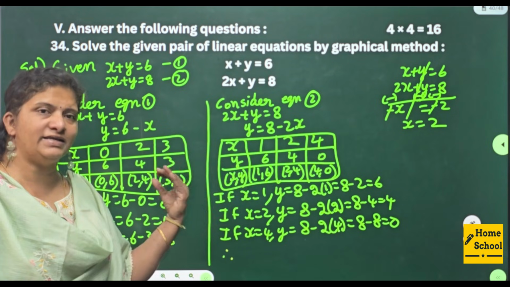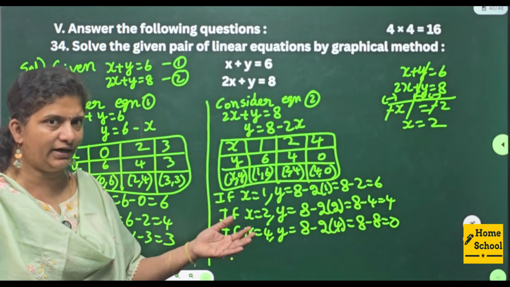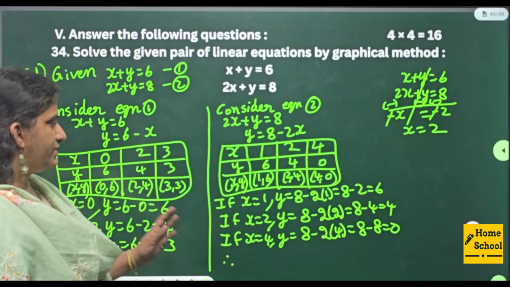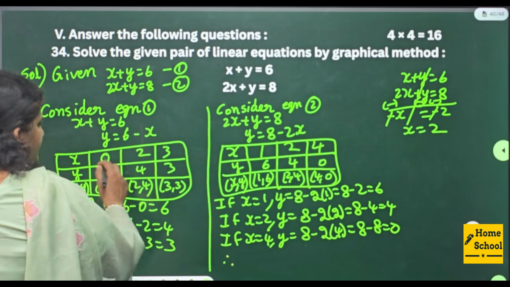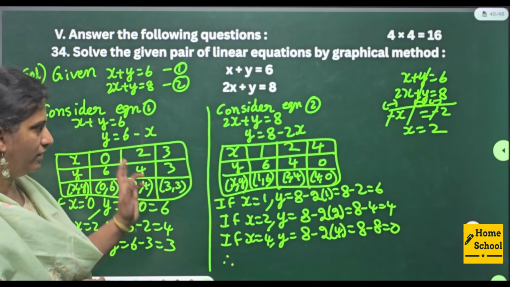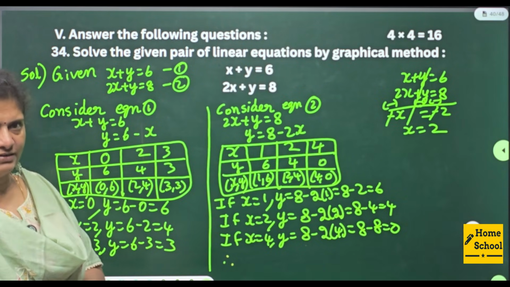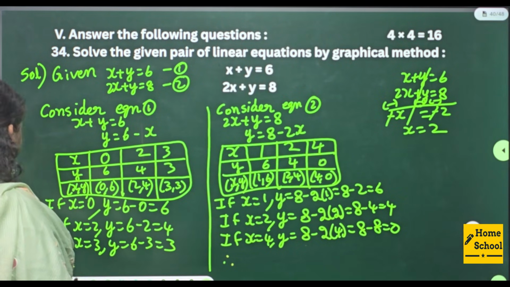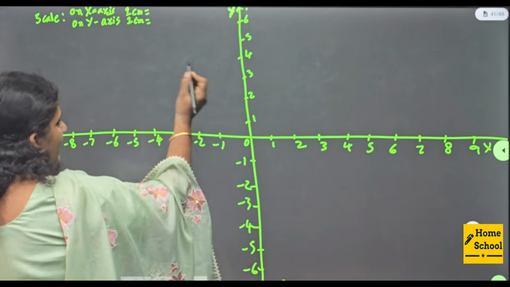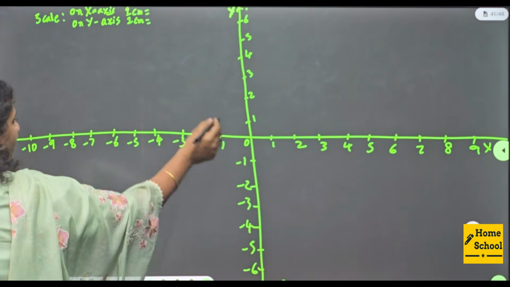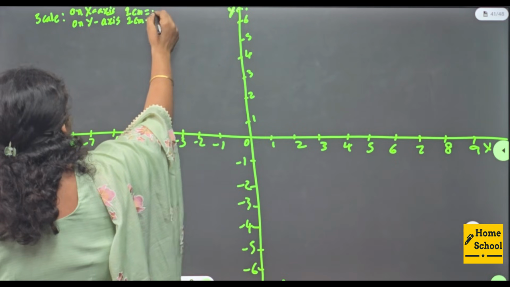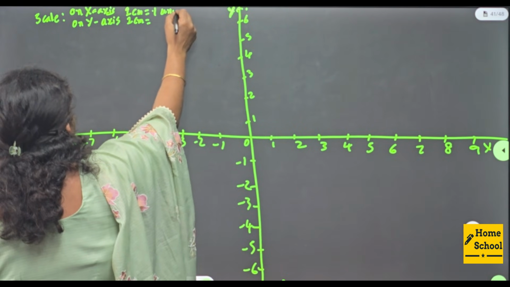After plotting these two tables on a graph sheet, we'll come back. See the table, observe on the x-axis what is the biggest number? 4. On the y-axis, 6. Right? So here, how can you take the scale? On the x-axis 1 centimeter is equal to 1 unit.